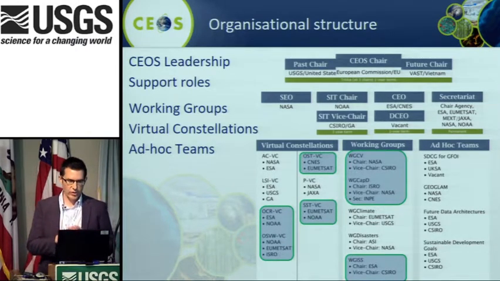As I said, this is a big group. We have a lot of decisional or high-level representation from the people who are taking the decisions on where Earth observation missions are going over the next years. These tend to be the heads of Earth observation programs that are coming along to these meetings.